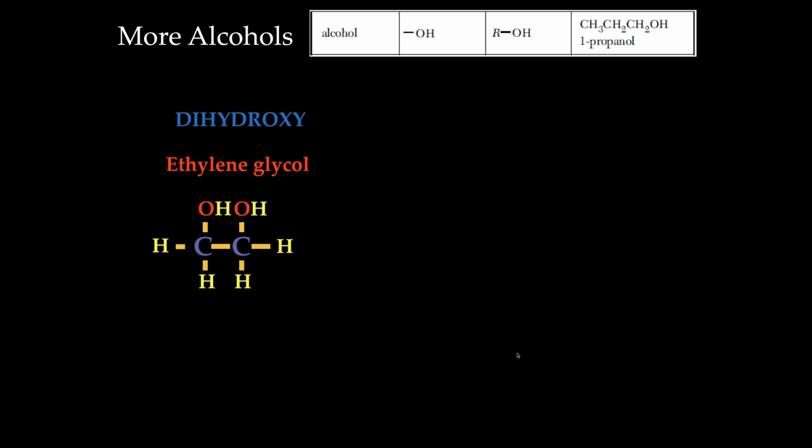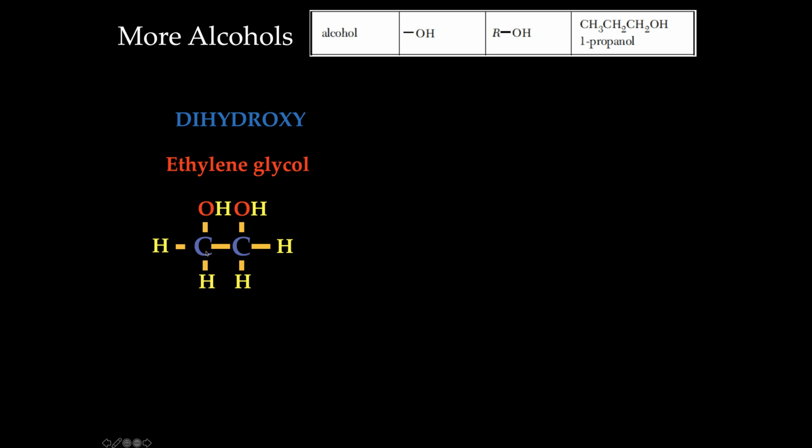Some more alcohols would include dihydroxy alcohols, which contain 2 OHs. Ethylene glycol, which you may remember is used as antifreeze, is one of them. This is ethylene glycol. It consists of 2 carbons, 2 OH groups, 2 alcohol groups. Now, ethylene glycol is not the standard name of this stuff, so let's get the standard name.